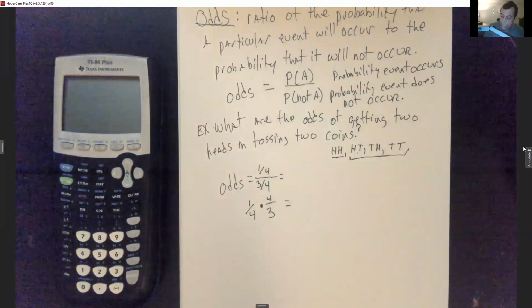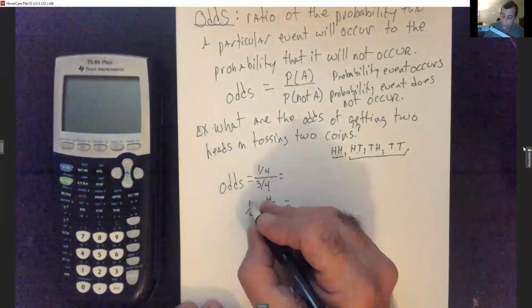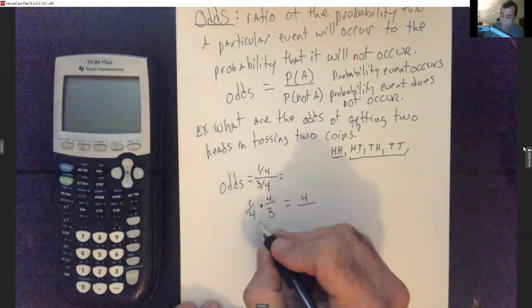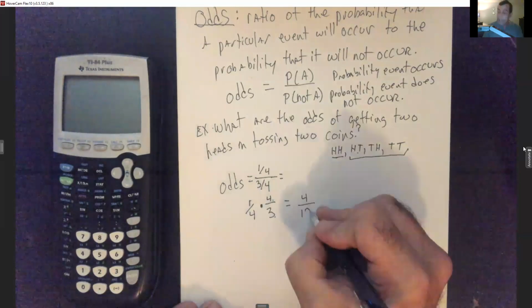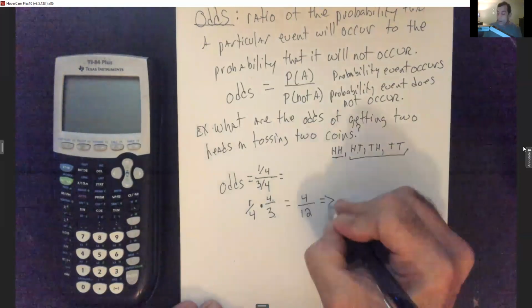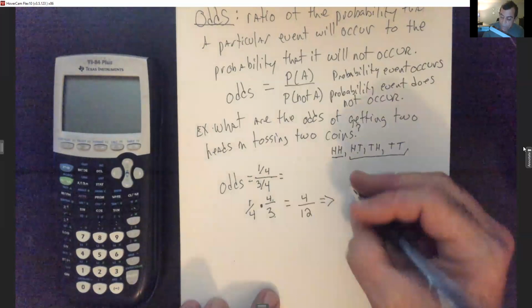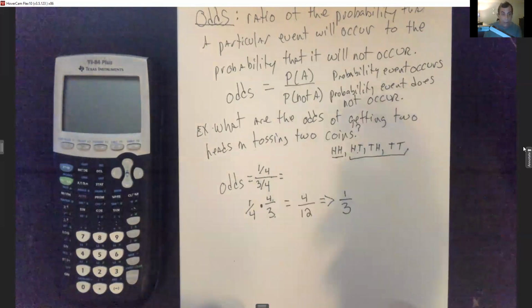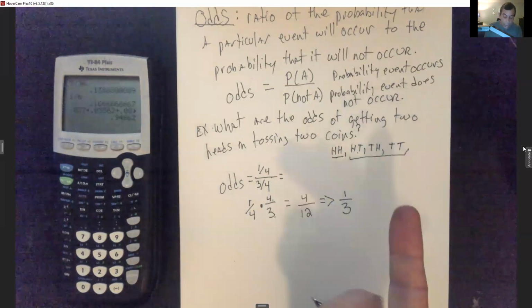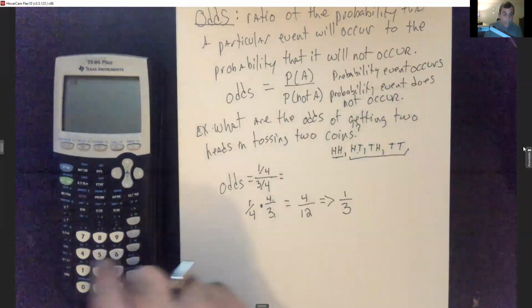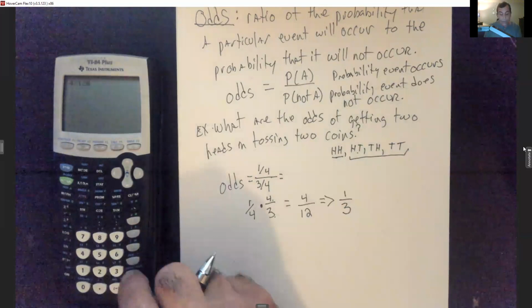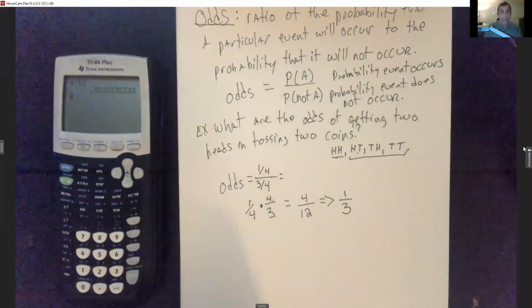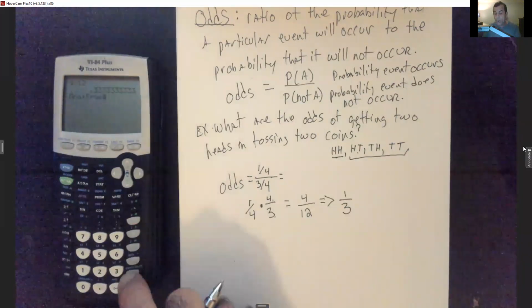So notice, 1 times 4 gives me 4, 4 times 3 gives me 12. But y'all, I can reduce 4/12 into 1/3. Now remember, if you're weak at reducing, punch it in the calculator. 4 divided by 12 is going to give me 0.33, but when I hit math, enter, it gives me 1/3.